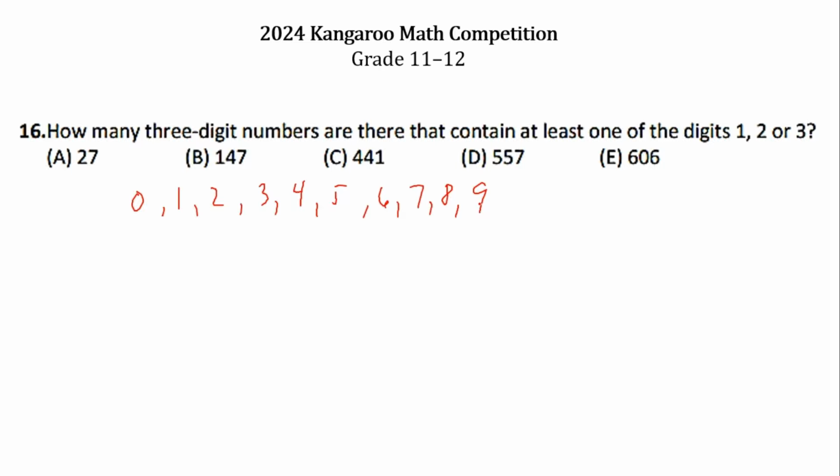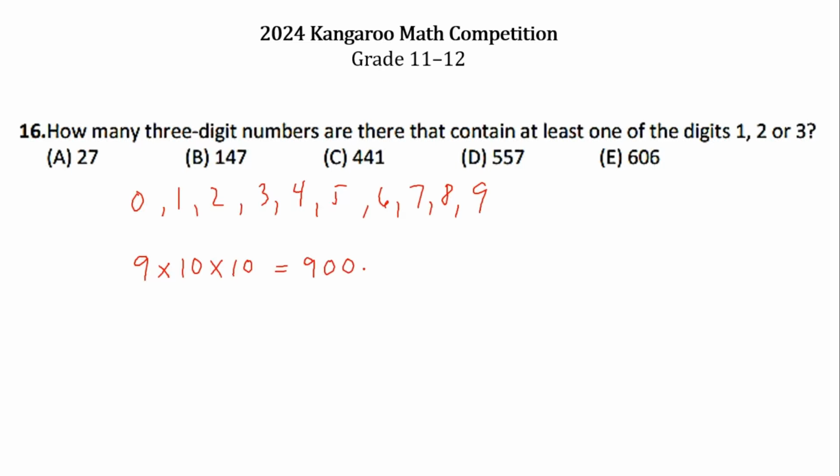Since it's a 3-digit number and the hundreds digit cannot be 0, we have 9 options for the hundreds digit times 10 options for the tens digit, since we can now use the digit 0, and similarly we have 10 options for the units digit for the same reason. So the total number of 3-digit numbers is 900.